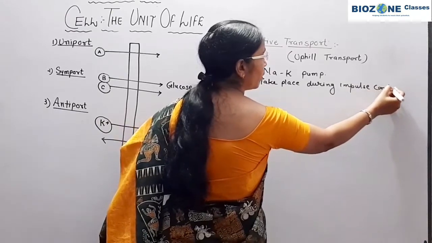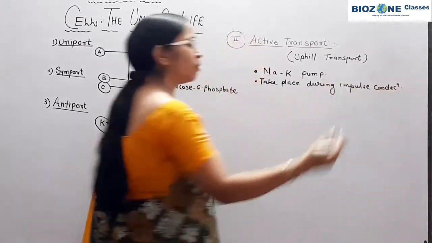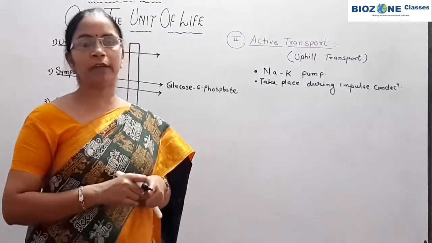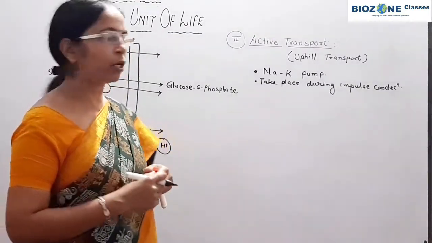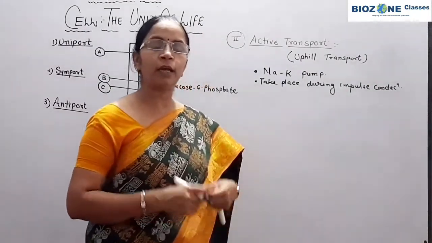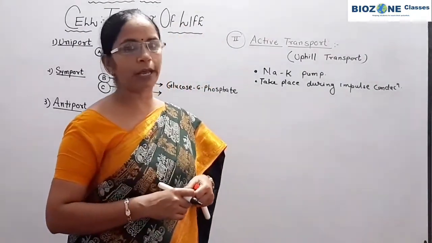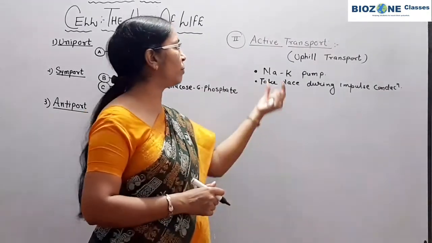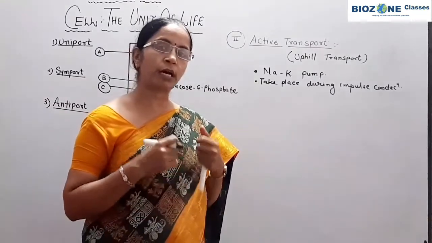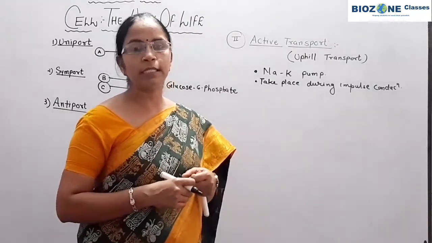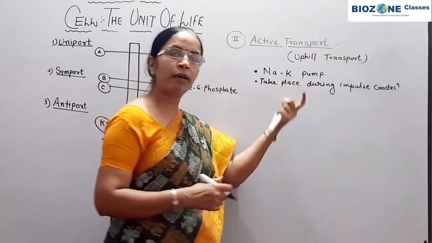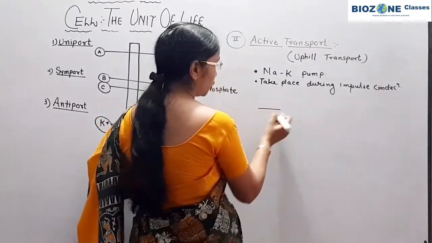How the nerve impulse is conducted, that is a different part we will study in nervous control and coordination. But whenever the nerve impulse is conducted across the neurilemma or axolemma, the sodium potassium pump is activated, and for the transport of sodium ions the cell requires ATP.